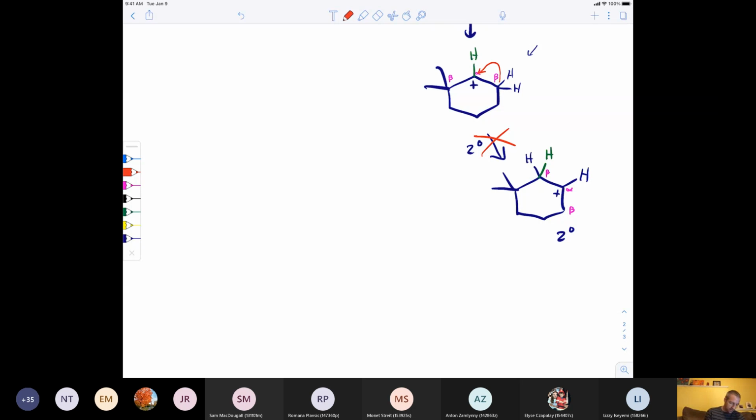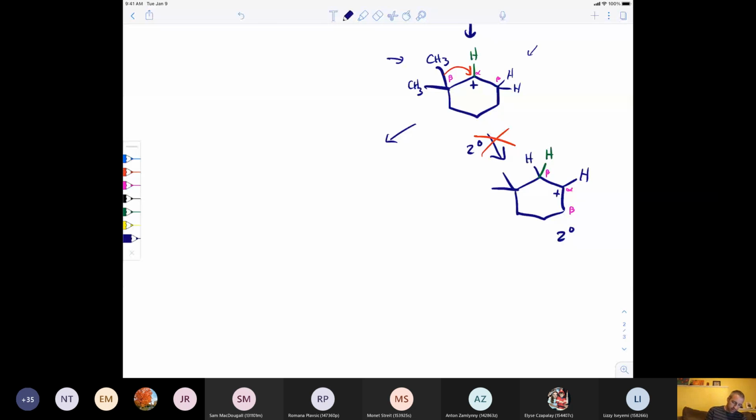So what we do instead is look at the other side, look at the other beta hydrogen, and look to see if one of those things can move. So in this case, we have 2 methyls, 2 CH3s. Let's try to move one of those. I'm going to get rid of my arrow here from before, put our beta back, and that would look like this, pointing to the carbon, starting at the carbon-carbon bond.